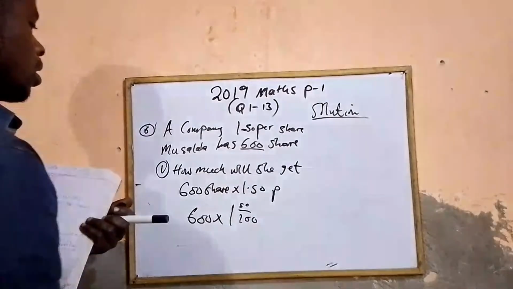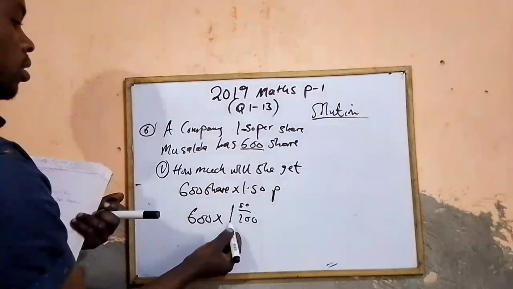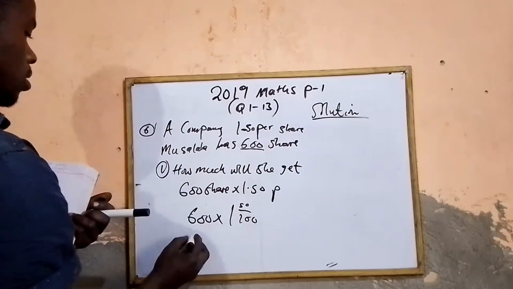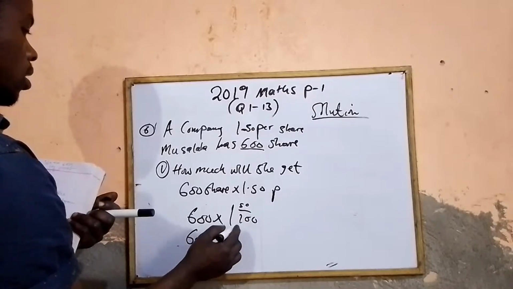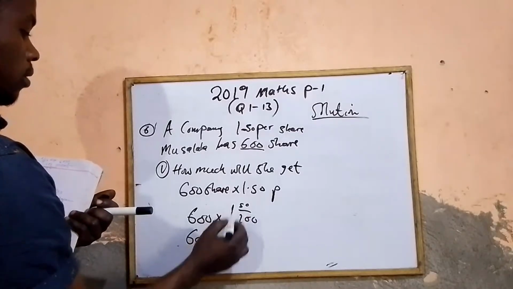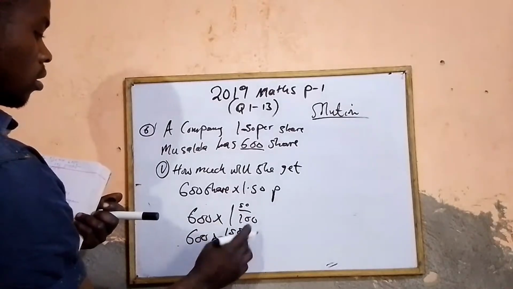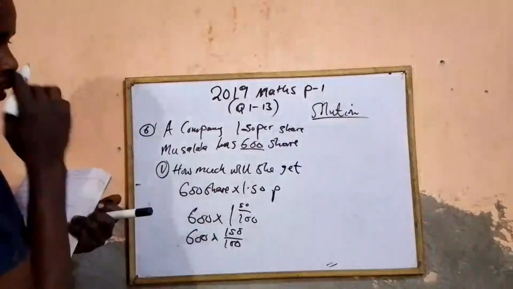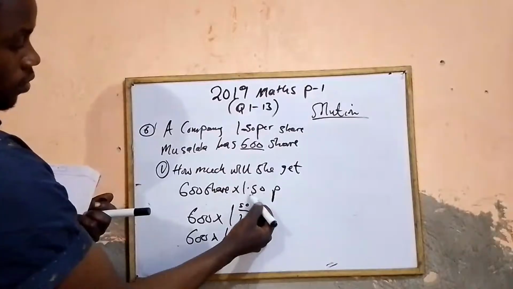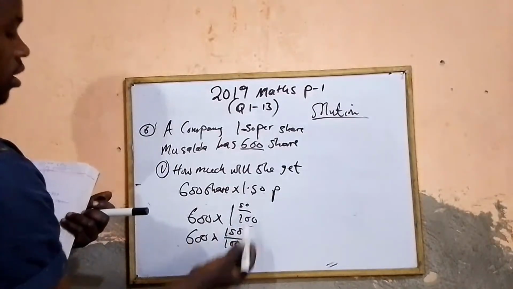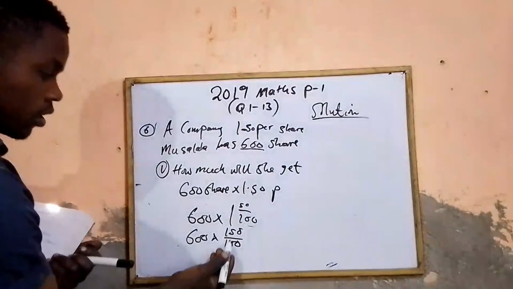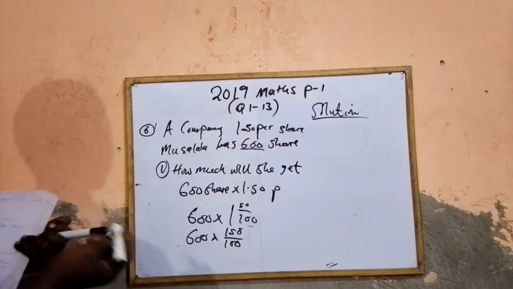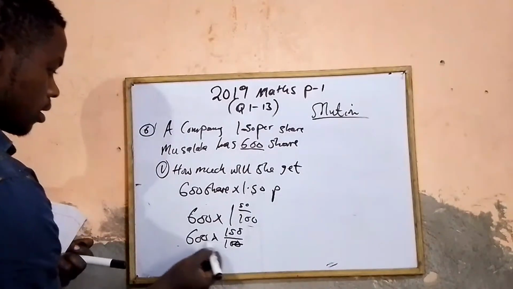So it is 600 times (100 times 1, which is 100, plus 50) which is 150 over 100. Because of the two digits after the decimal, we have used 100. If you divide 100 into 150, you get 1.50. So you cancel these zeros.